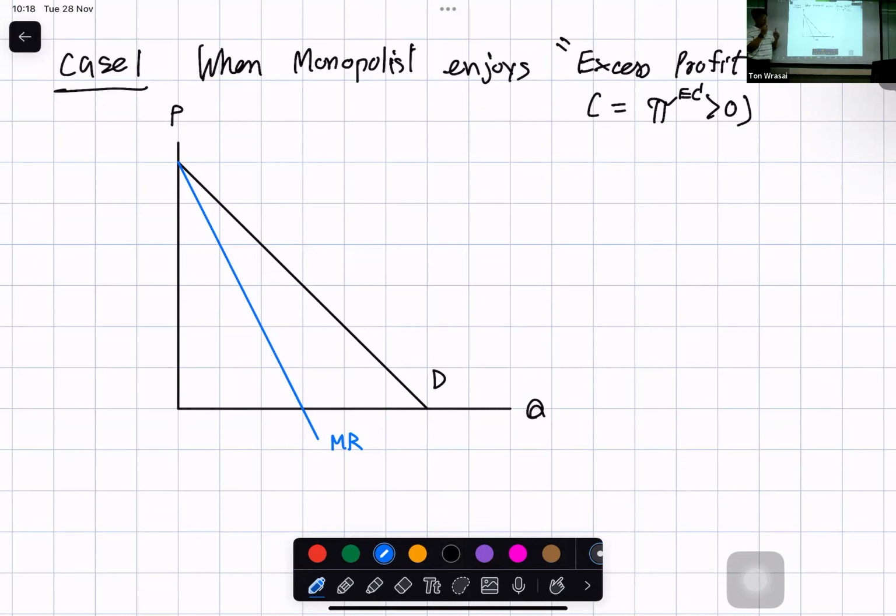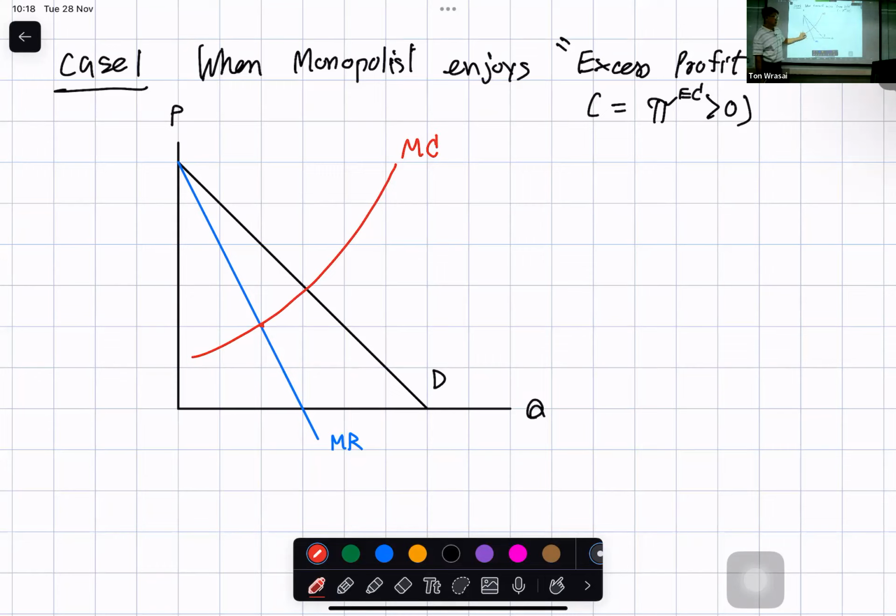Let's introduce the marginal cost curve then. Now, our marginal cost curve will not be horizontal anymore. Let's have an upward sloping MC. Cost of producing the next piece of cookie is not going to be the same.